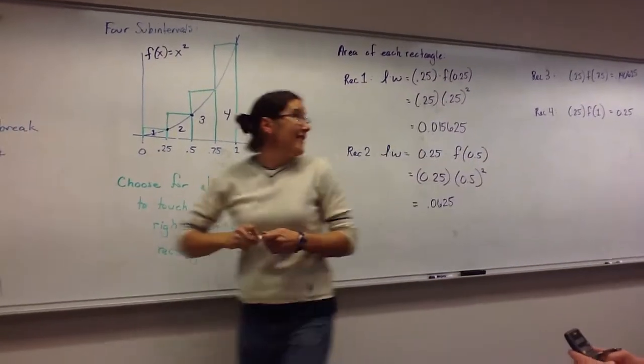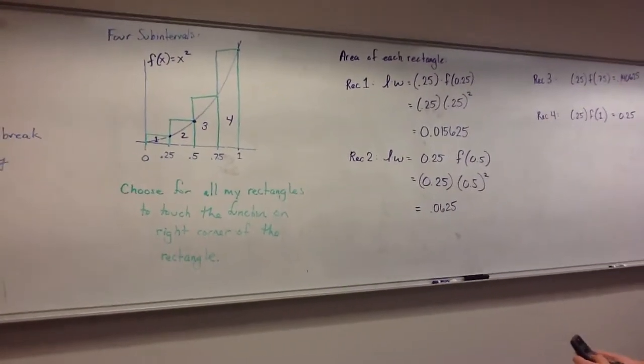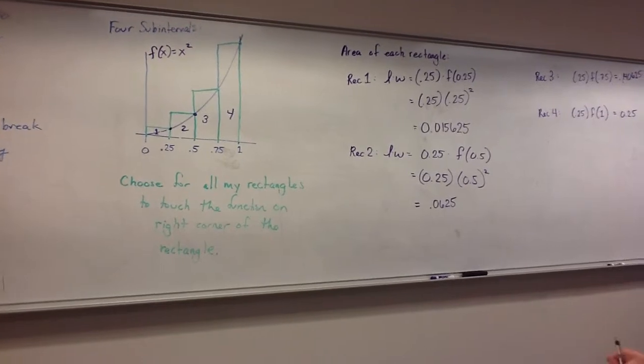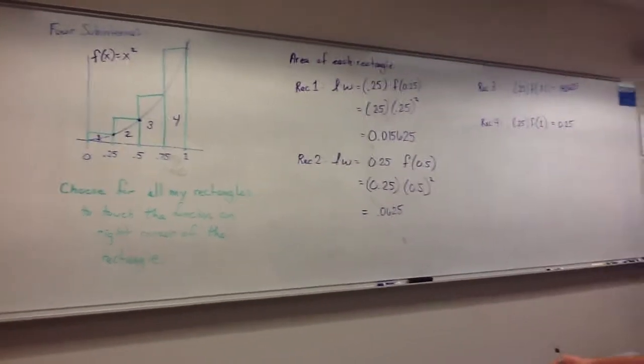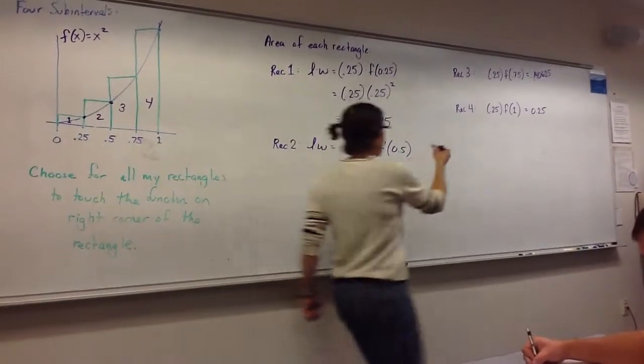So we now have areas for all four of our rectangles. Are there any questions on coming up with those areas? Okay, so now we can approximate the area under our curve.